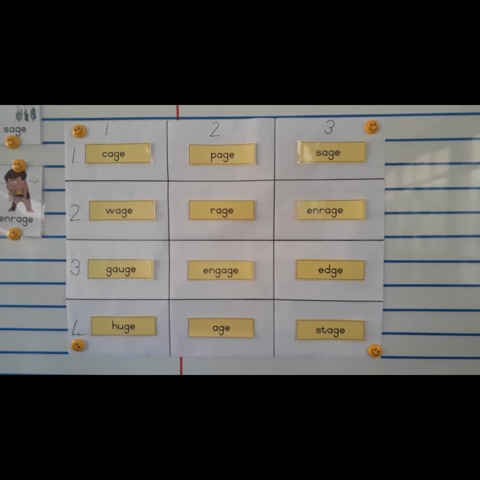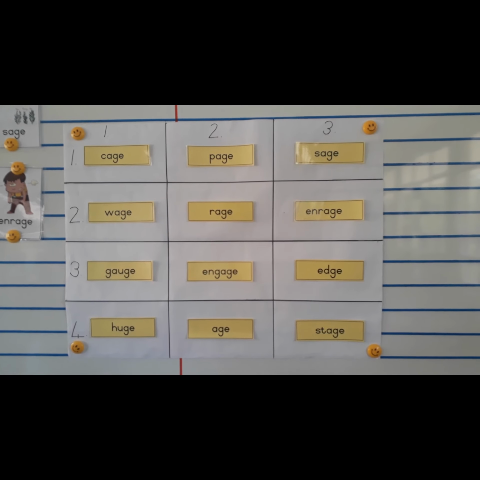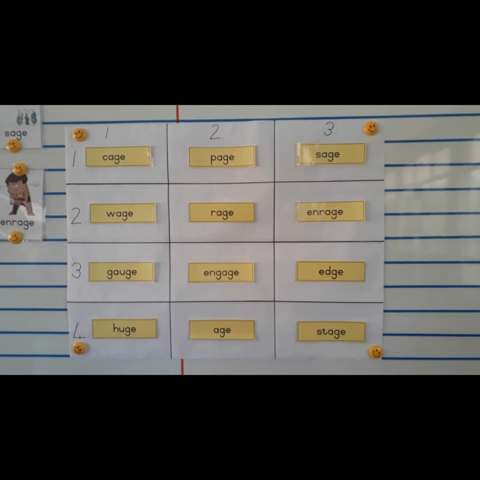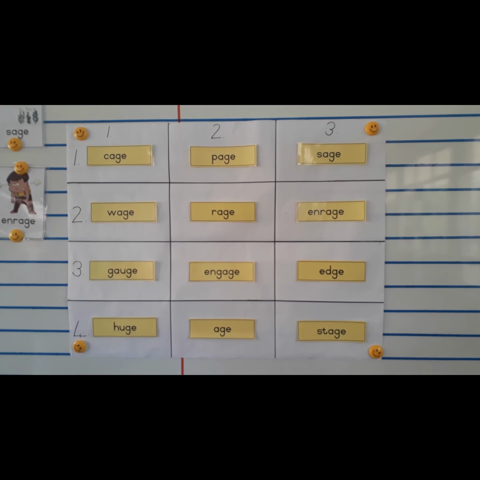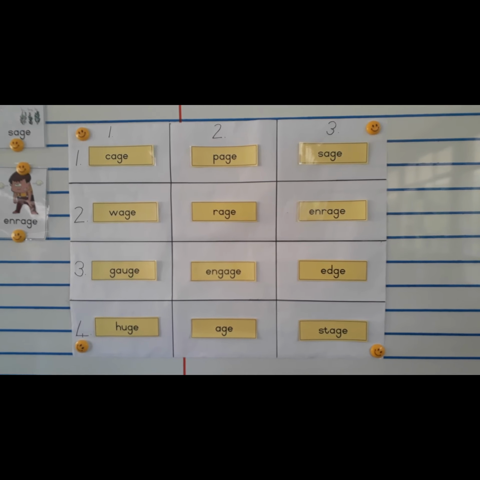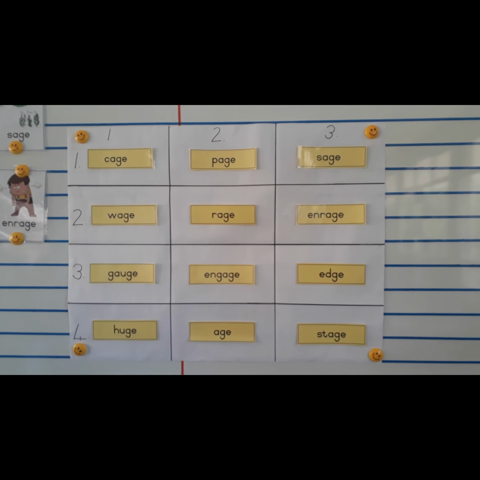Age, engage, rage and page. And the last column from top to bottom, sage, enrage, edge and stage. From bottom up, stage, edge, enrage and sage.